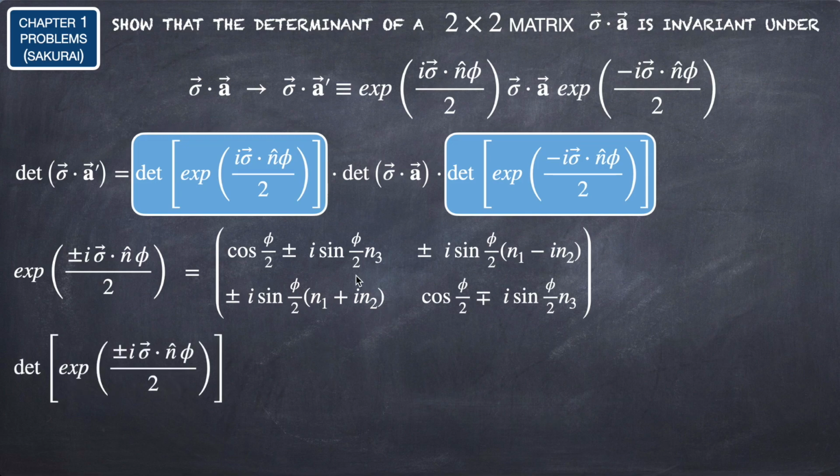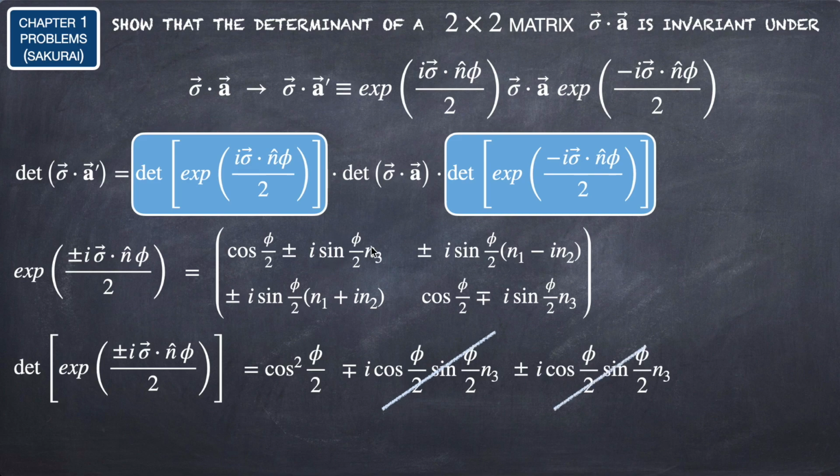The determinant is going to be the product of these two terms minus the product between these two terms. So we will get the cosine squared of phi over 2. Then, multiplying cosine by this term, we will have minus plus I cosine of phi over 2 multiplying sine of phi over 2 and 3.